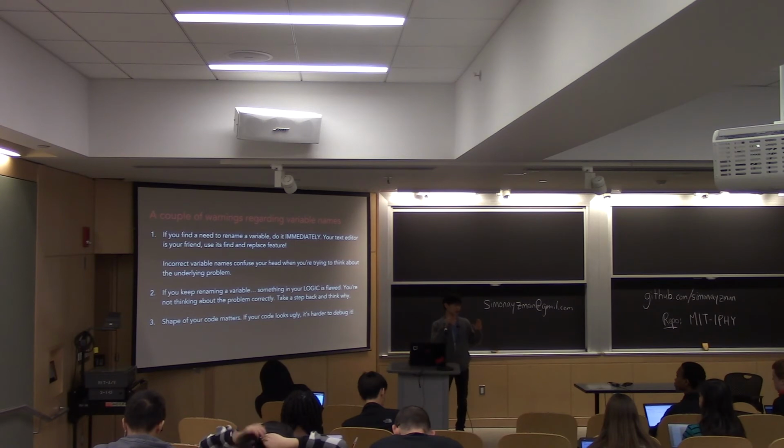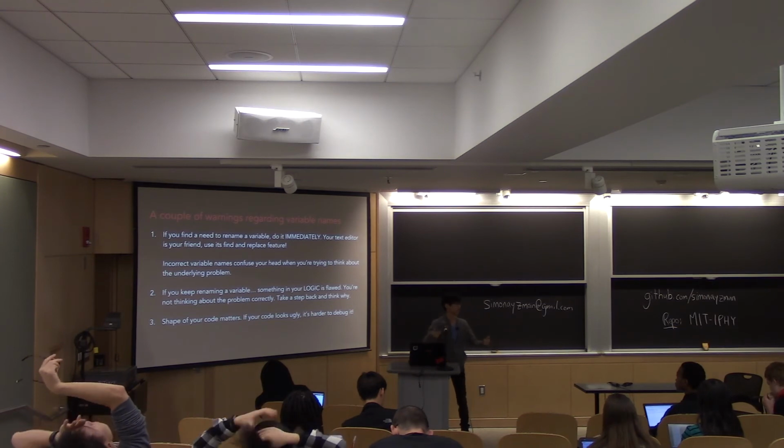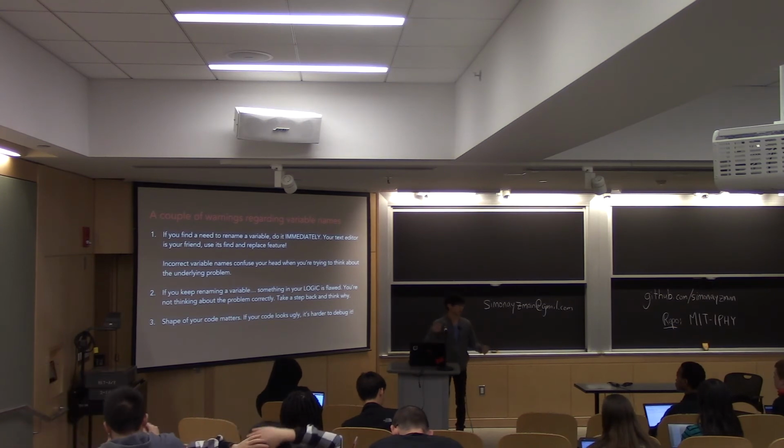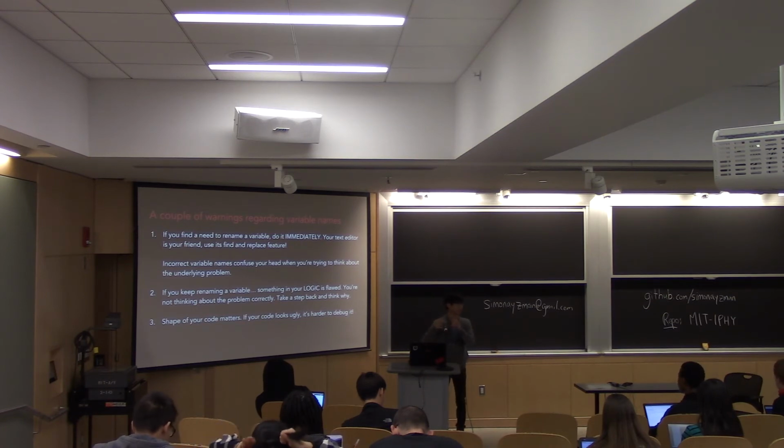when you're trying to implement something, you want your head to be focused on that thing only, and you don't want any distractions. When you have bad variable names, you have to keep that in mind when you're coding, and then it confuses you down the road once you have more and more things to keep track of. So you want to minimize the number of things you keep track of.